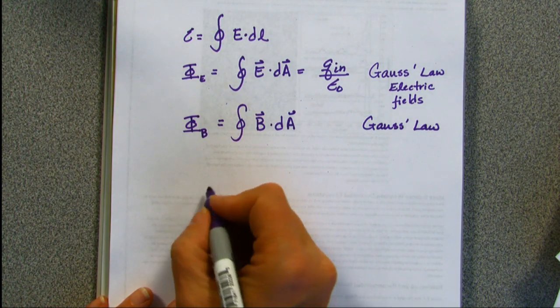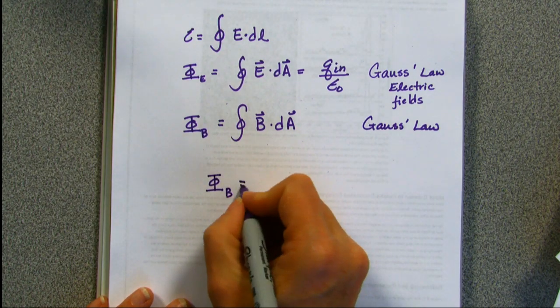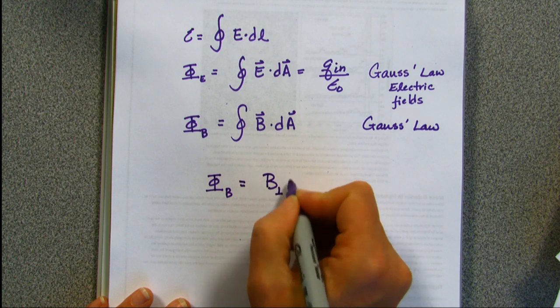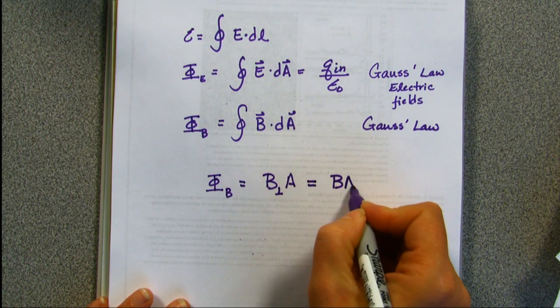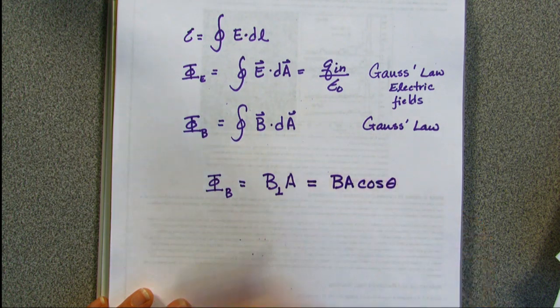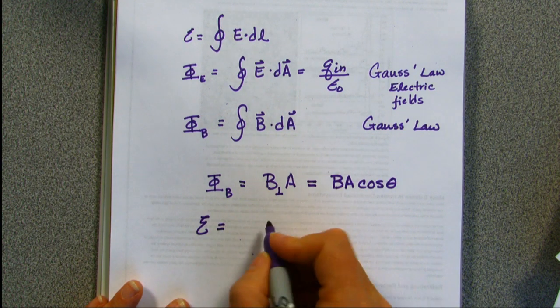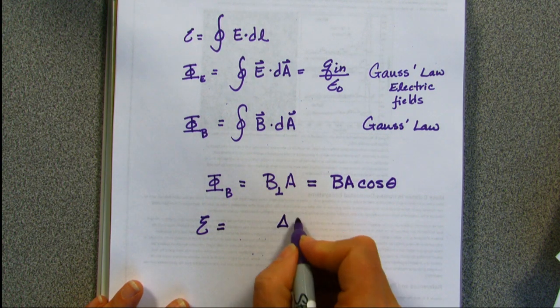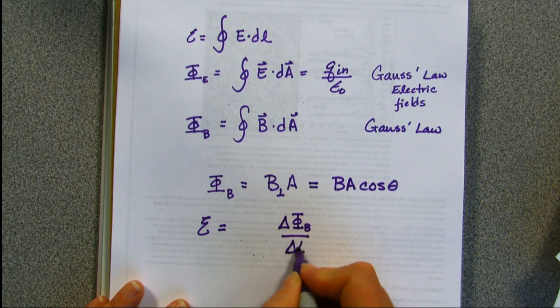And so we can look at our magnetic flux from Gauss's law: if I'm perpendicular, that's going to be my max, or if I'm in a general case, it's going to look like that. Now we can also show that we get an EMF that's proportional to my change in flux.